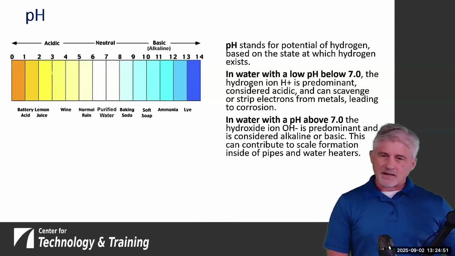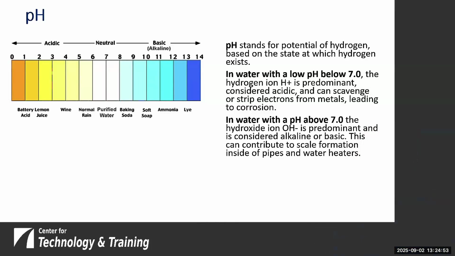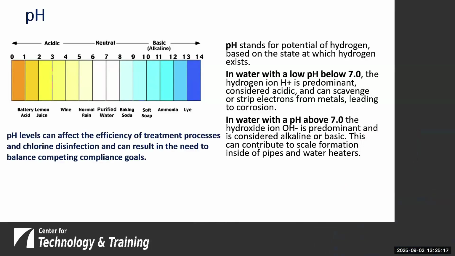And on the flip side, water with a high pH, or an alkaline or basic water, can contribute to scale formation inside of pipes. So it can affect our fixtures, our plumbing. Too high of a pH can cause problems, too low of a pH can cause problems.